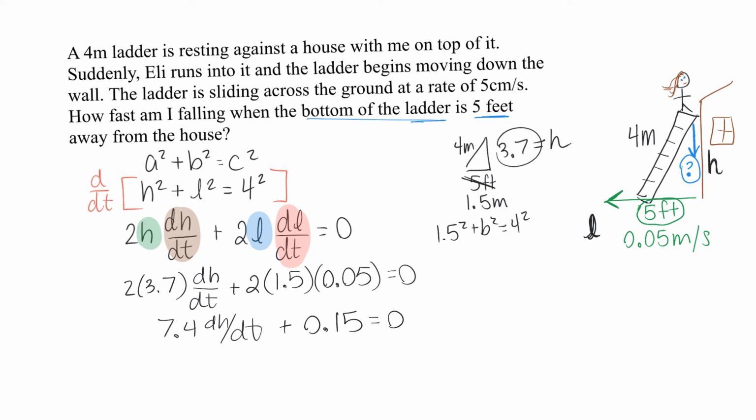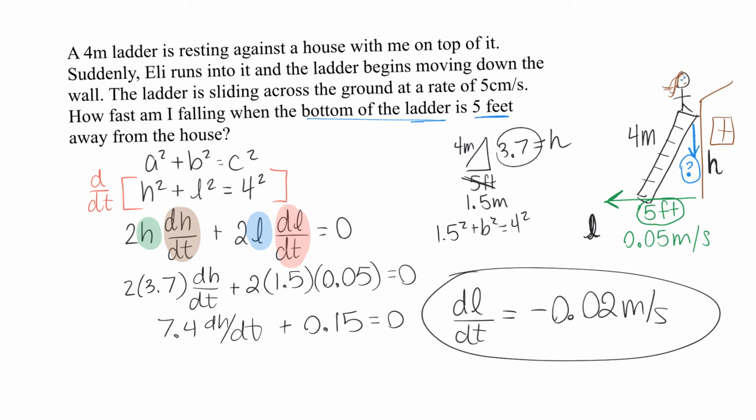I'm going to do some rearranging, and I get negative 0.15 divided by 7.4, which is negative 0.02. So the dh/dt is negative 0.02 meters per second.